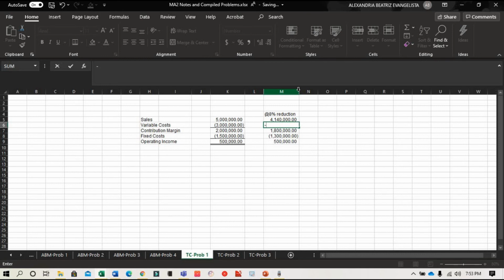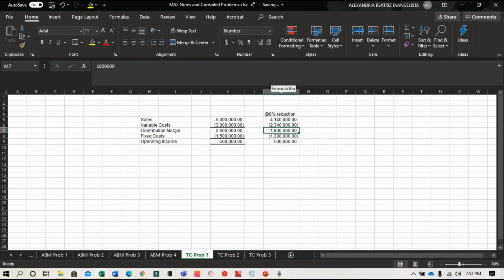This should be 2,340,000. So this is the new income statement for the one with the changes that the CEO wanted.